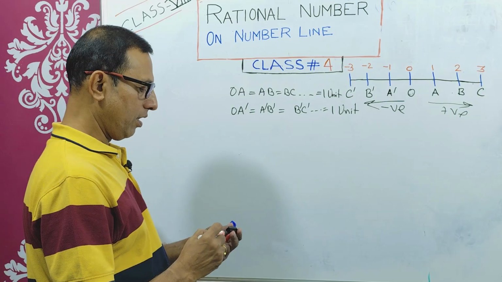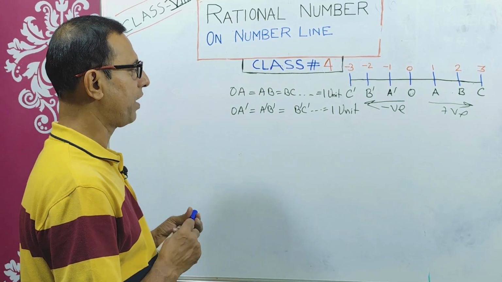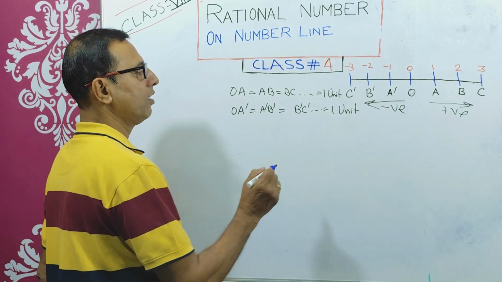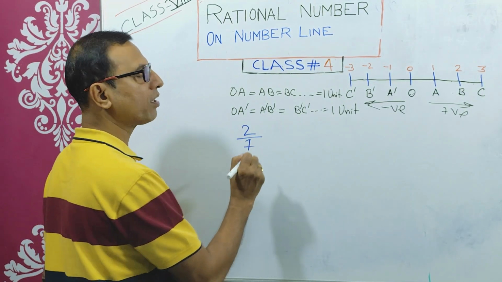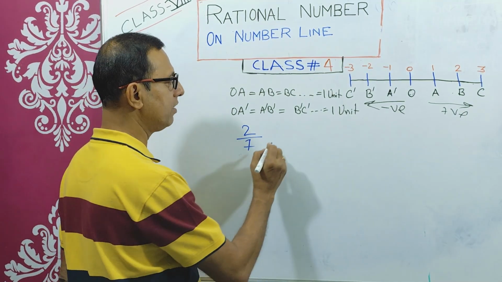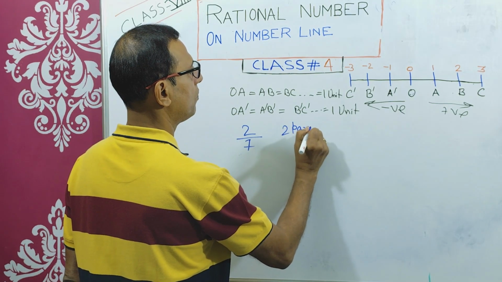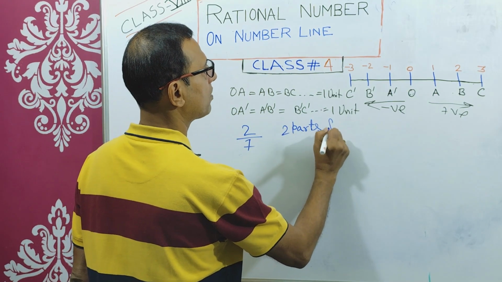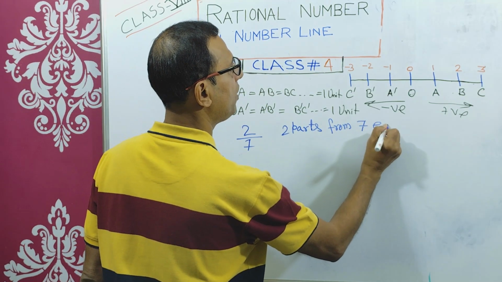Now, if you remember what you have learned in fractions, if I say 2 by 7, what does it mean? In fraction, 2 by 7 means 2 parts from 7 equal parts.